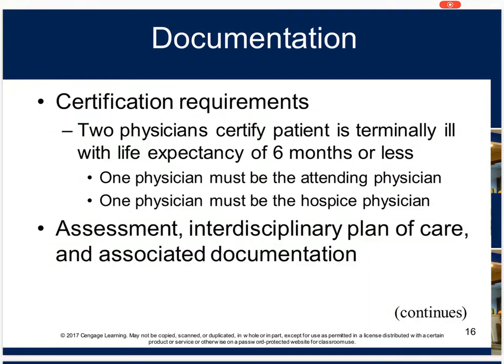The certification must include narrative documentation from the hospice physician that serves as an attestation statement of terminal illness. The statement could be incorporated into the initial orders for treatment to reduce the amount of paperwork that requires the signature of an outside physician. So basically, they're the one attesting that the patient's illness is terminal and that they have less than 6 months.